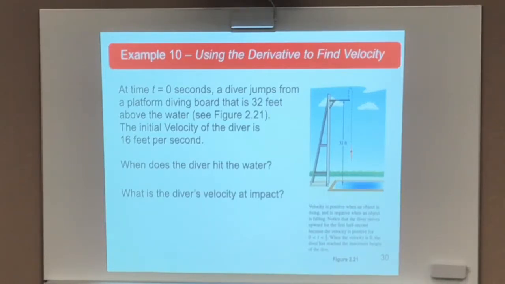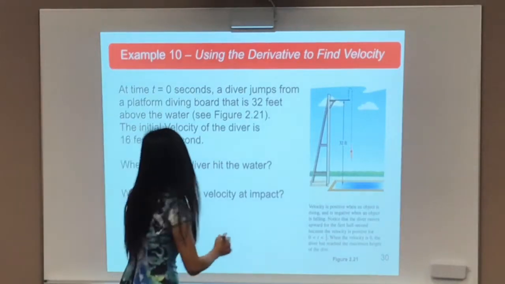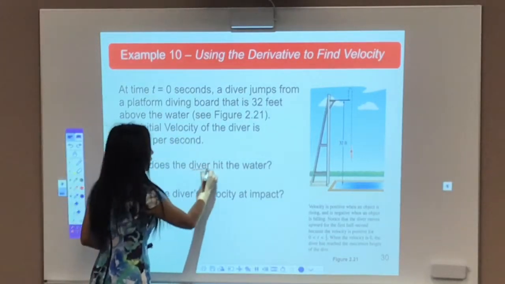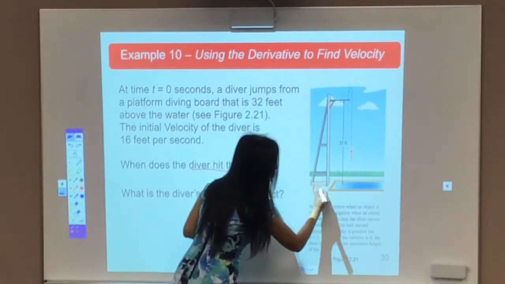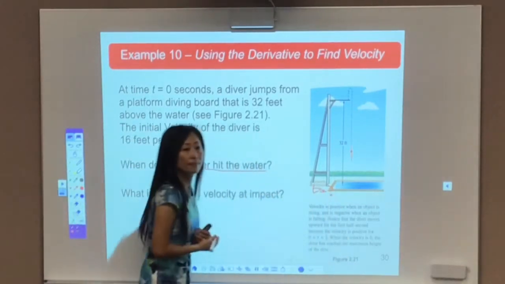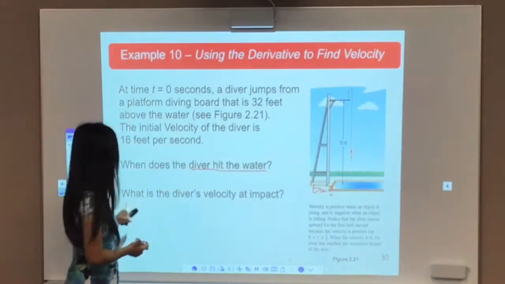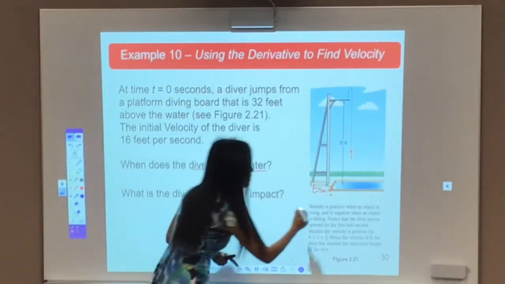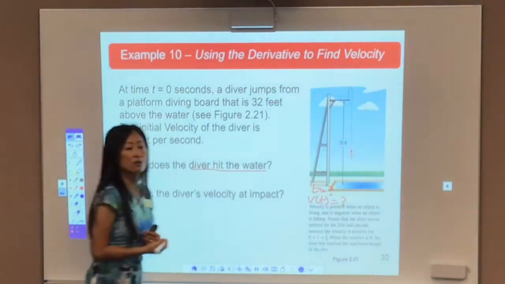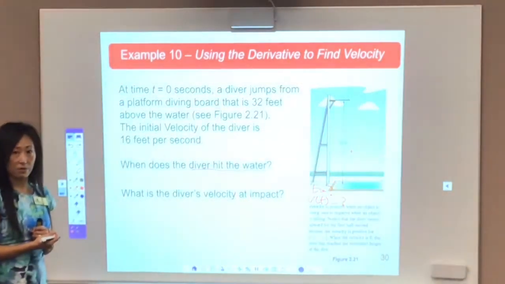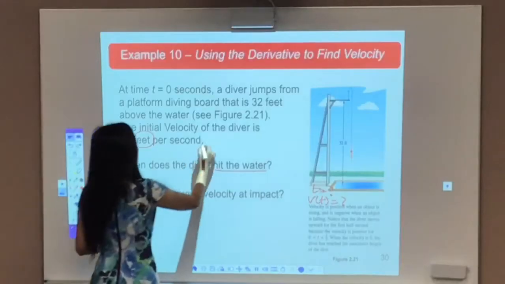What is the diver's velocity at impact? So I want to know when the diver hits the water, so I need to know the time. And I need to know the velocity at this time. That's what I want to know. Is everybody with me? So far so good?